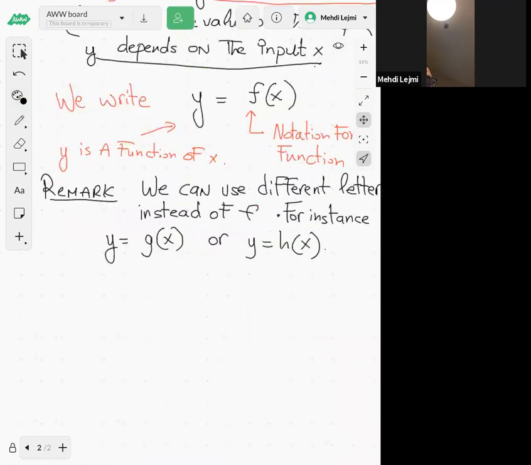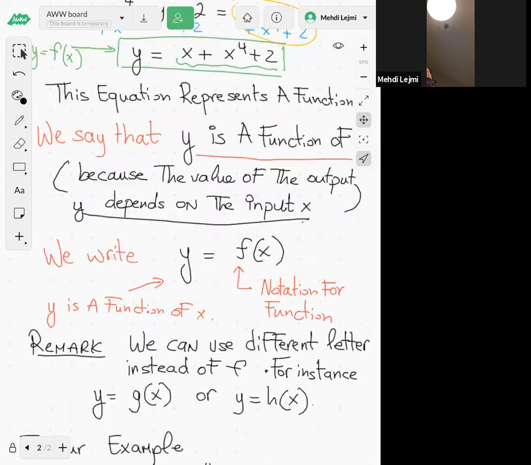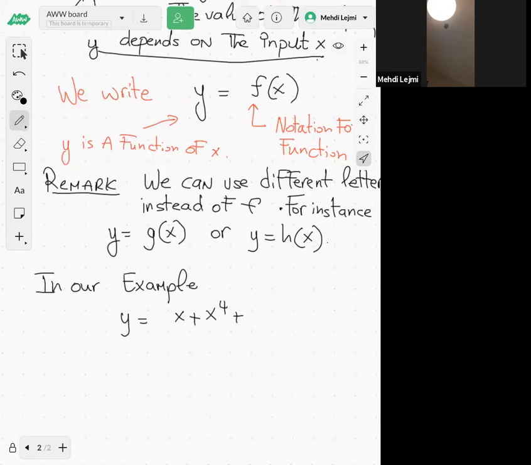So in our example we had Y equal to X plus X fourth plus 2. So Y is f of X, and this function f of X is equal to X plus X fourth plus 2. Okay.